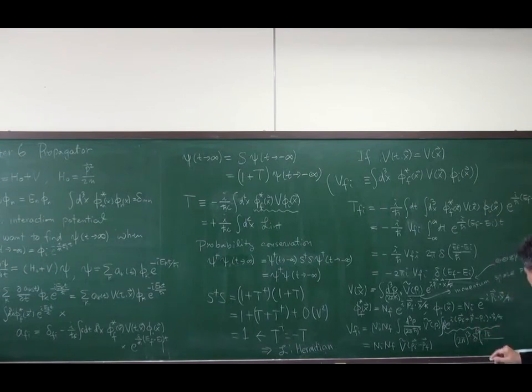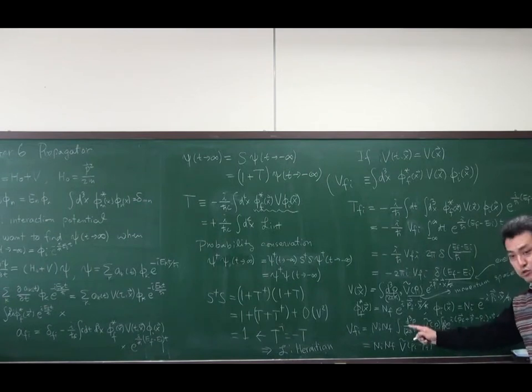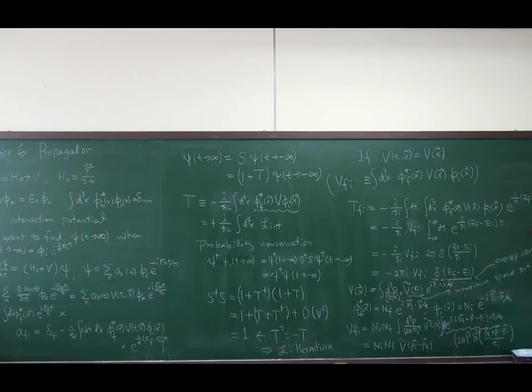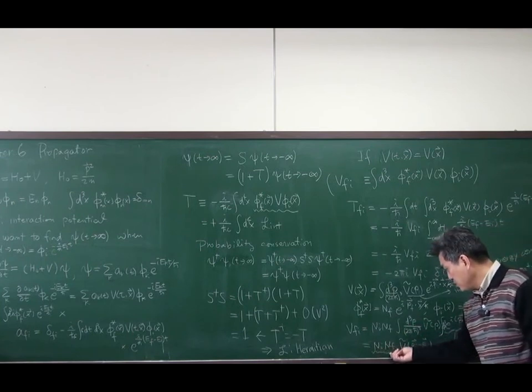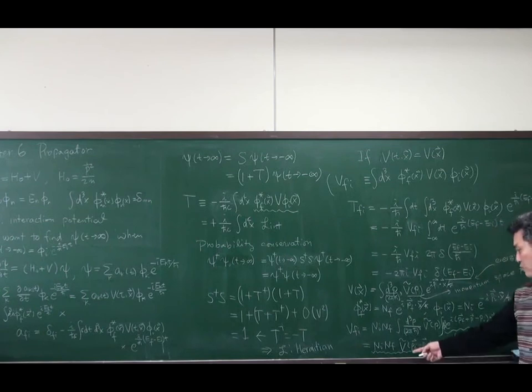This is the three-dimensional delta function of p_f, p, and p_i divided by h bar, and I have h bar cubed, that cancels this 2 pi h bar cubed exactly. The final result is a product of the normalization of the wave functions and the momentum space potential.